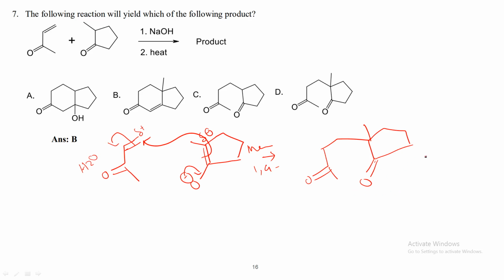Now after formation of these, again we have OH minus, right? So again the enolate formation is possible. So if enolate formation happens over here, let's see, here the alpha hydrogens are there. So OH minus would abstract a proton from here and make this enolate.